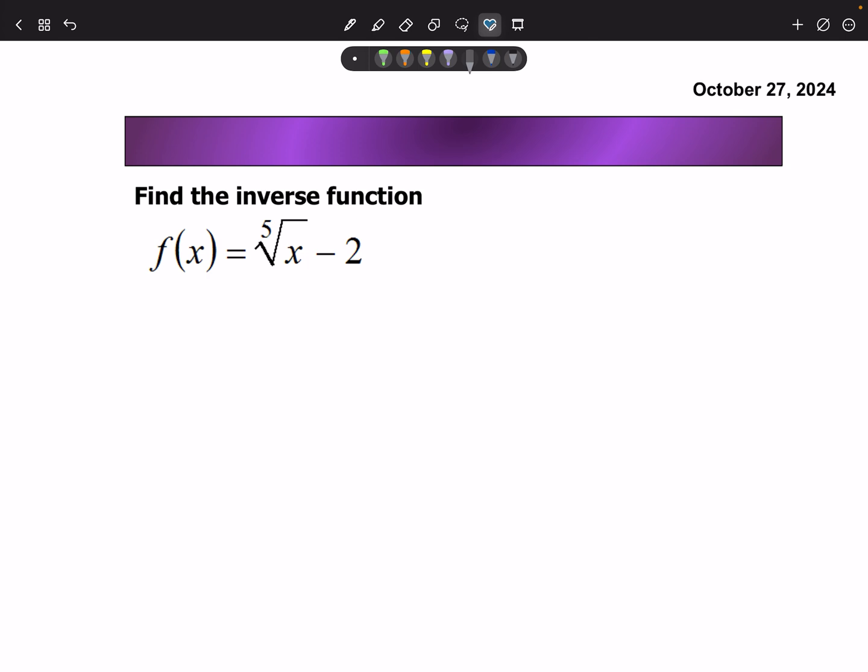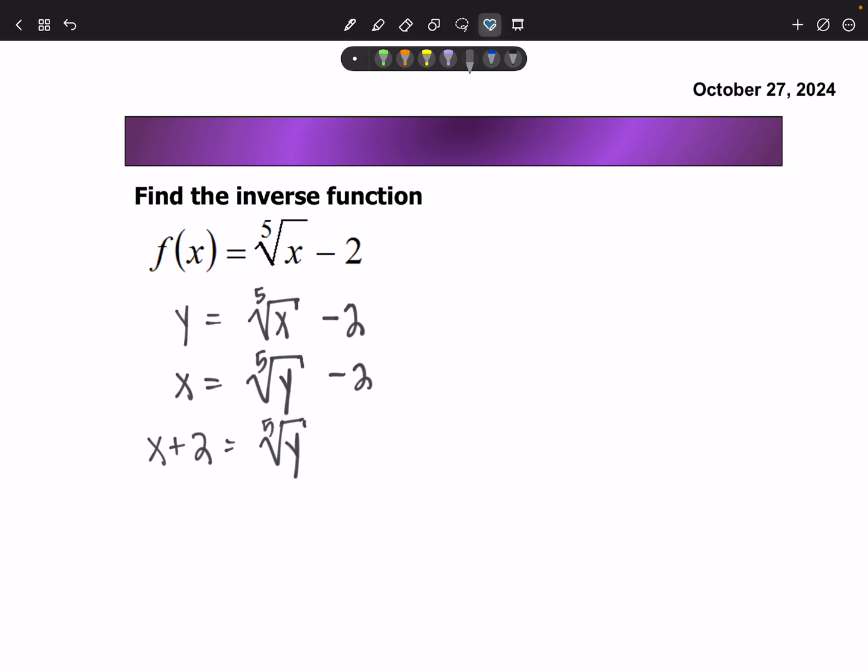Okay, the first thing I did was I changed this to y equals the 5th root of x, and then a minus 2. Then I switched the x's and the y's. And that minus 2 is still on the outside. So I add that 2 to both sides. And now I'm going to raise both sides to the 5th power.